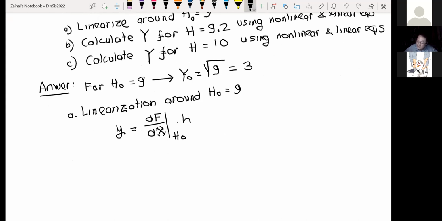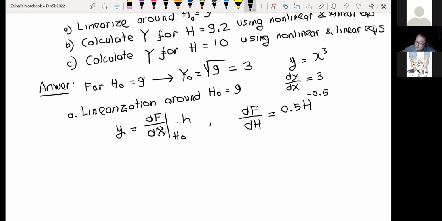Okay, now this one, df over dh will be the same with 0.5 h power minus 0.5, right? If you have x power 3, then dy over dx will be the same with 3 multiplied by x power 3 minus 1, right?